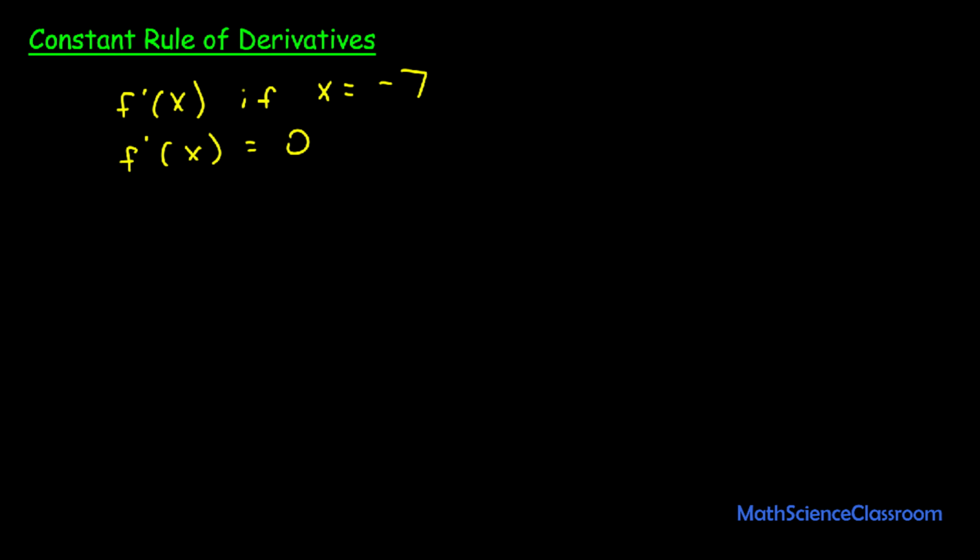Next, what is the derivative of pi? So let's think back. What does pi mean? Pi is an irrational number.